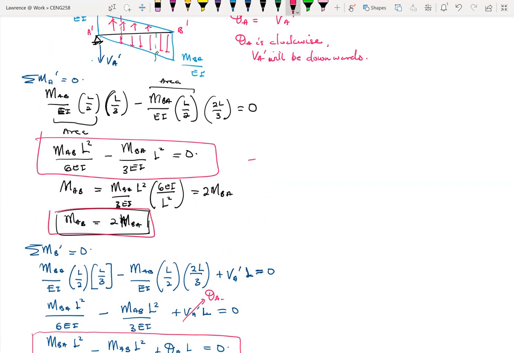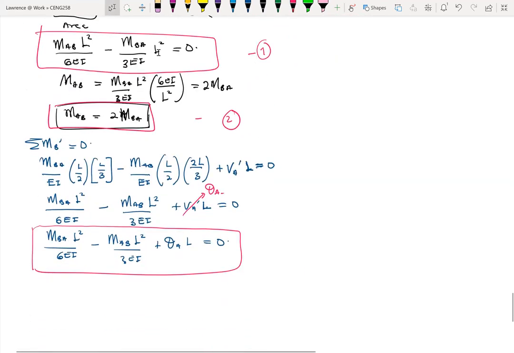So let's say equation 1, equation 2, and then equation 3. All right, so we need equation 1 and 3 anyways. We can use equation 1 and 3 and then solve for the MBA. But we already have equation 2, so it makes things easier for us.